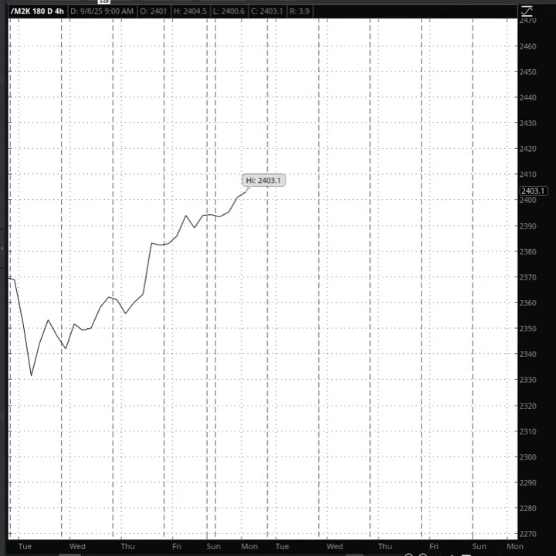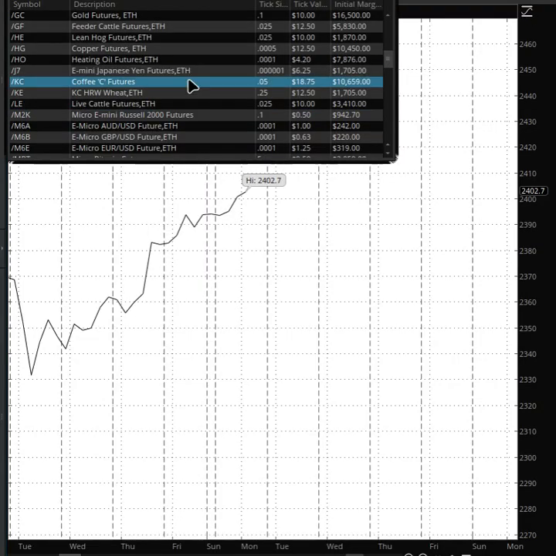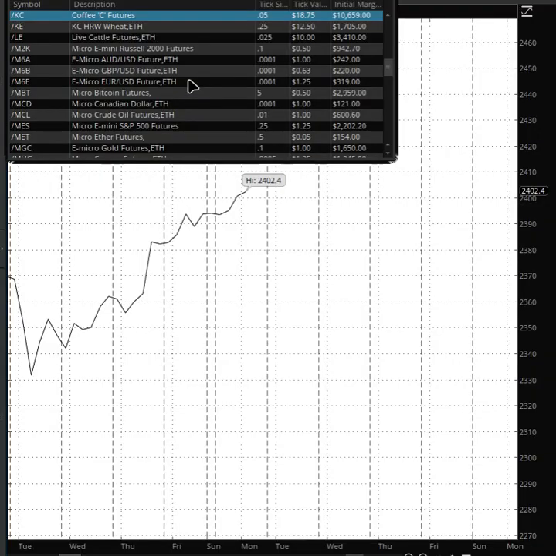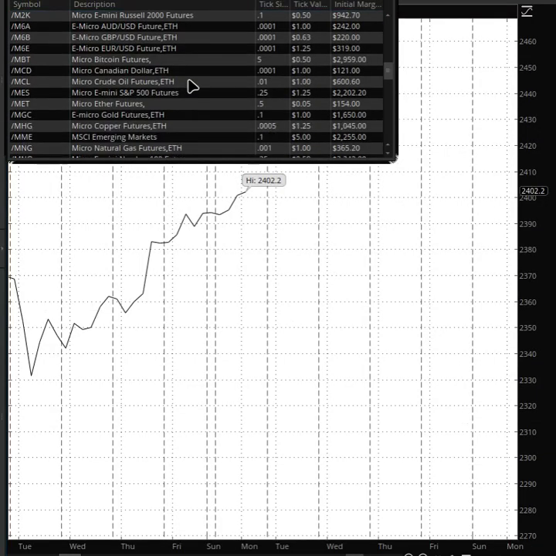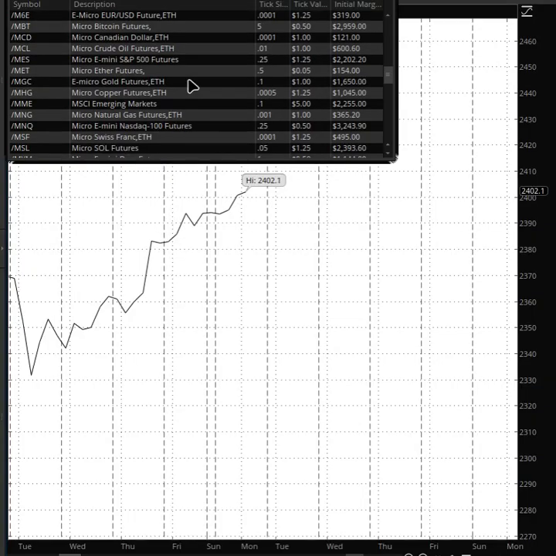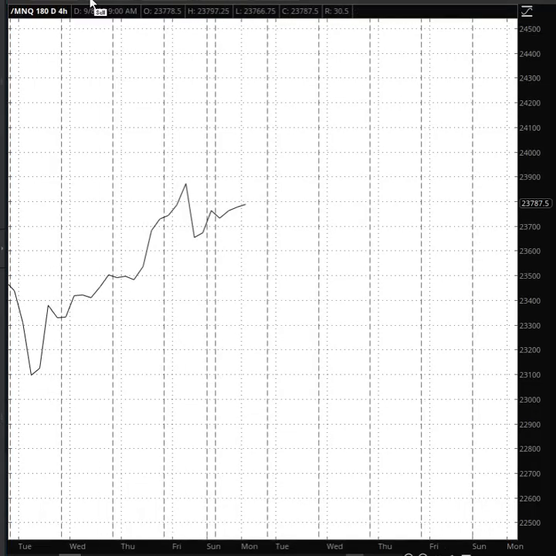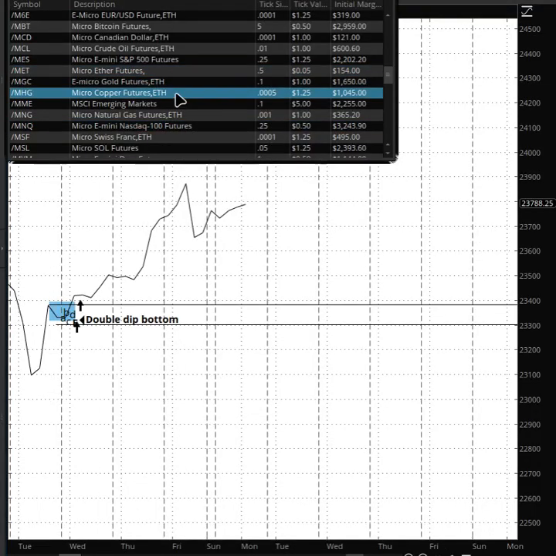That will give us a possible fractal for a direction here. And we can scroll down and look at some further markets that you want to add. Okay, we have the E-mini NASDAQ. Let's include that. Very important.